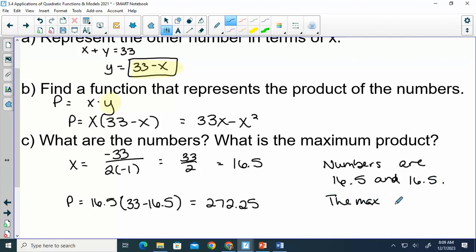The maximum product is 272.25. Any questions on that one? Try another.